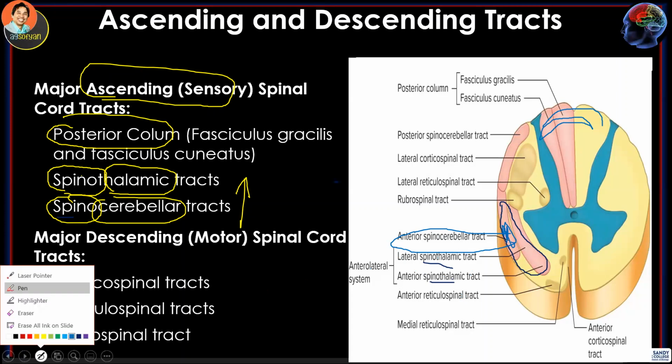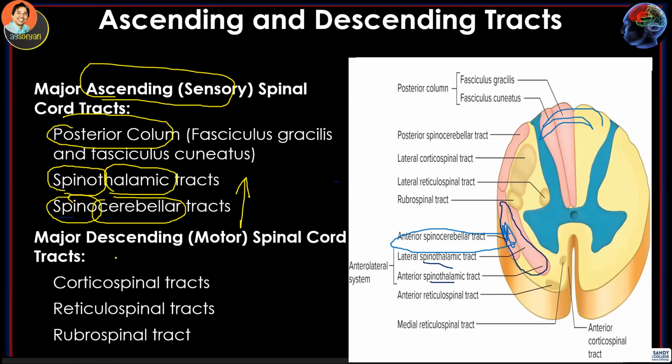Now, how about the descending tract? Descending tract, which is down. And the name is also giving you the idea of the type of the tract. Look at this name, cortico. You see, actually the cortex of the brain going to the spinal cord. So this is going to be descending because it is coming from the brain cortex into the spinal cord.